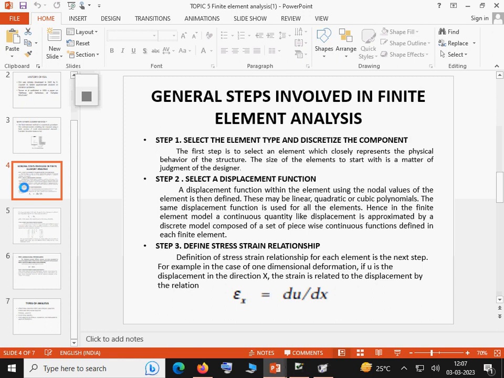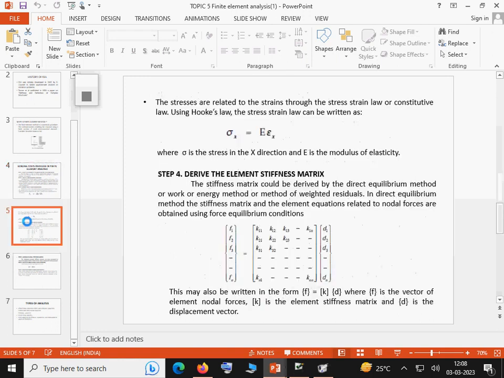Okay. Then the next step is to define the stress-strain relationship. By using relations like du by dx we can calculate the simple stress-strain relationship matrix. Okay. Then first we have to derive the displacement or finite element equation for a single element. Then we have to consolidate that. Finally we have to find the whole matrix.